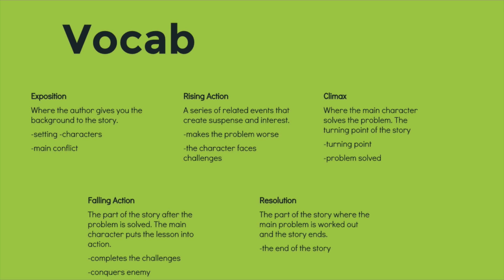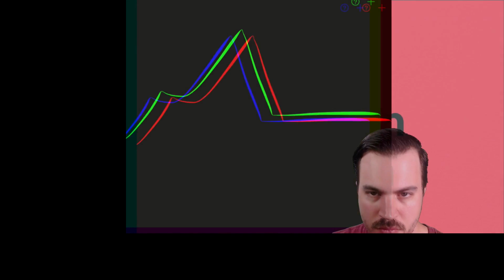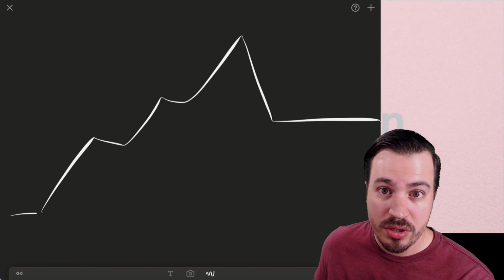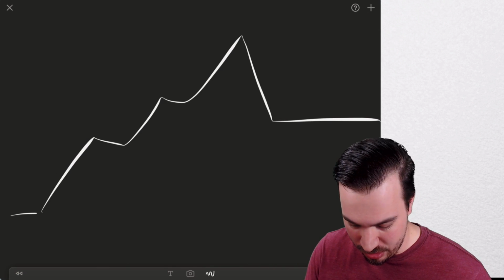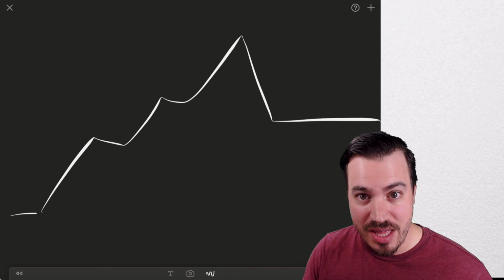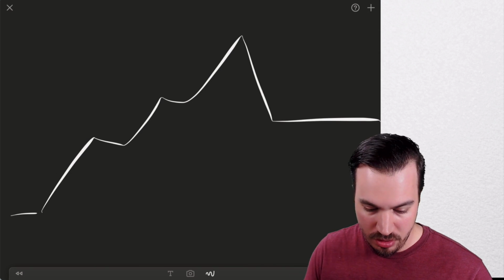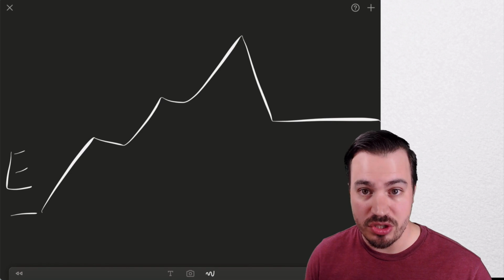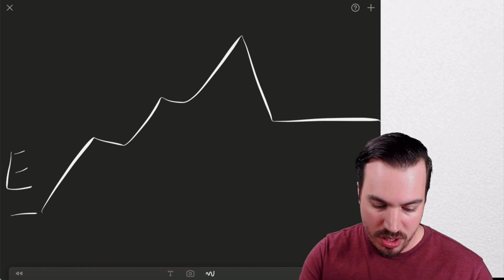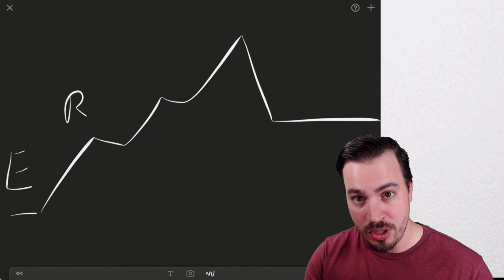And then the vocab definition for plot. Plot is an organized pattern that shows how a story unfolds. Okay, so if we were going to diagram this on our plot chart that we've already made, it's very simple. Again, this is that mountain sort of image. So we would start here at the bottom and have our exposition. As we go up, we have rising action, and there are at least two on my diagram here.